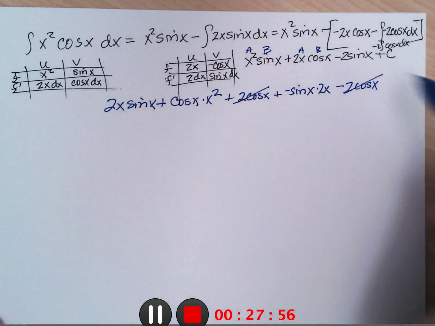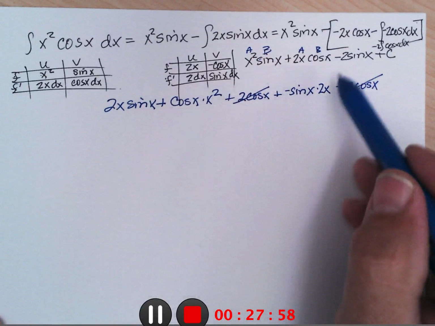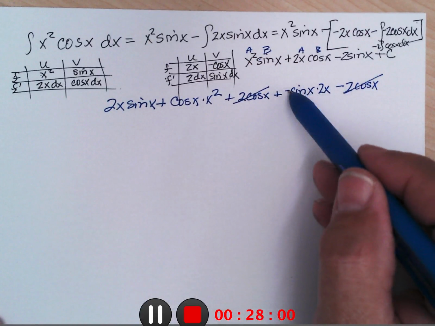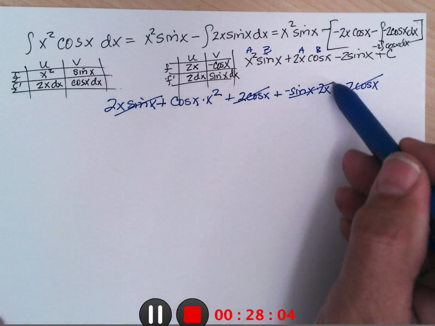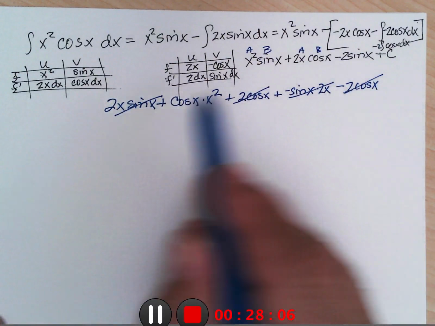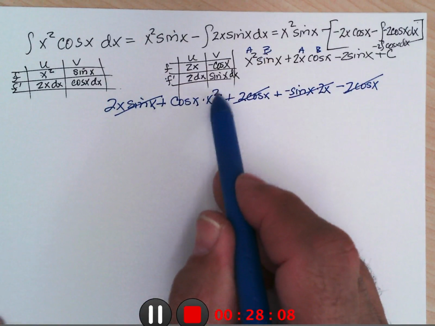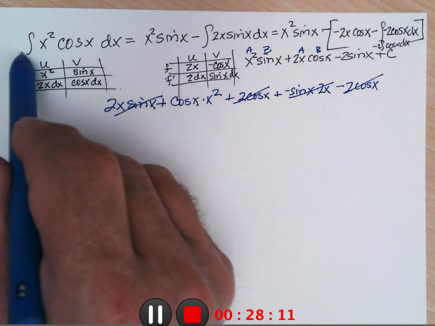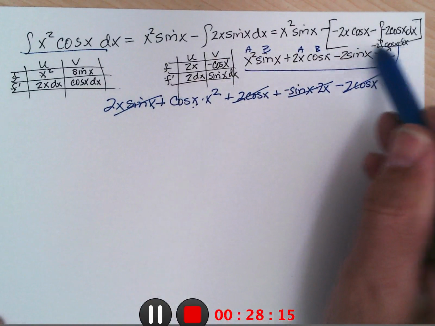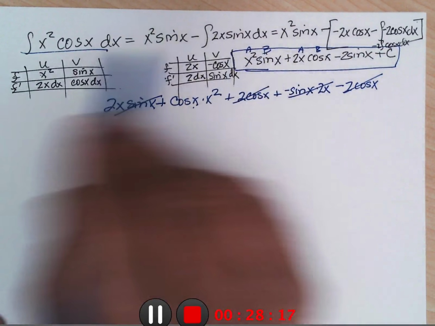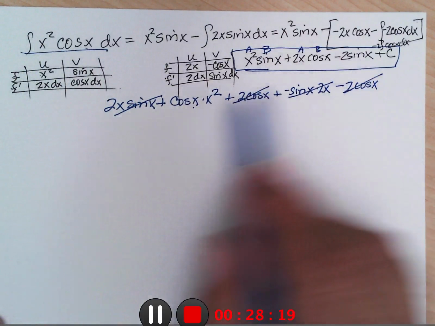Good. 2x sine x minus 2x sine x, they cancel. Good. So it looks like I have x squared cosine x, which is what I wanted to find the antiderivative of. So this must be the antiderivative of x squared cosine x, because when I take the derivative, I get it.